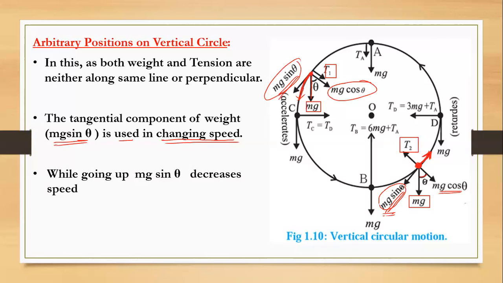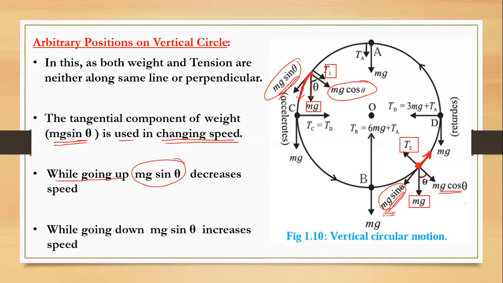So let me analyze the things. While going up, mg sine theta decreases speed. While going down, mg sine theta increases speed. I hope you understood this arbitrary position.